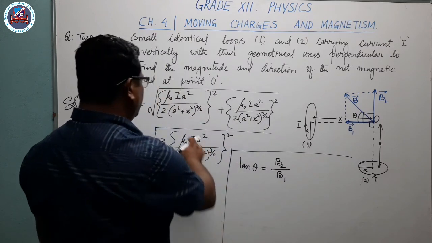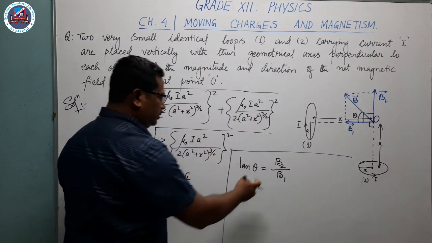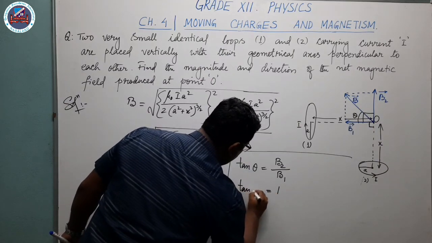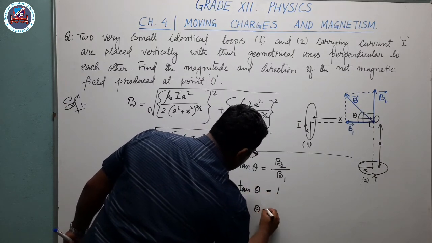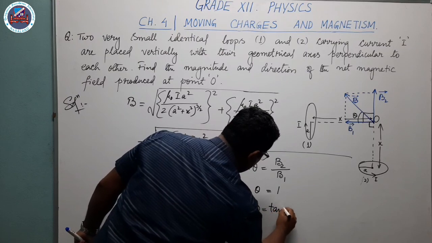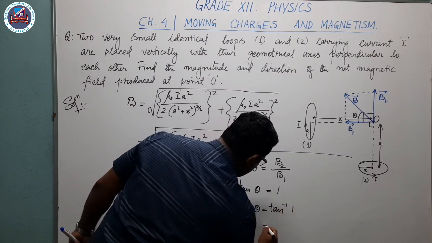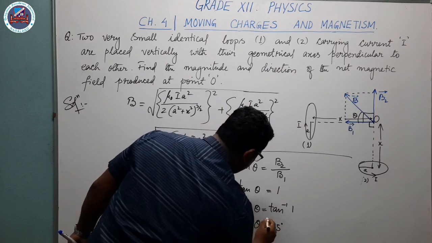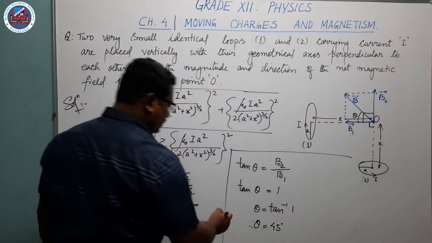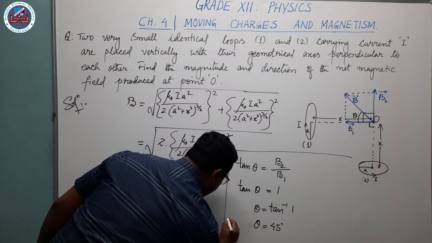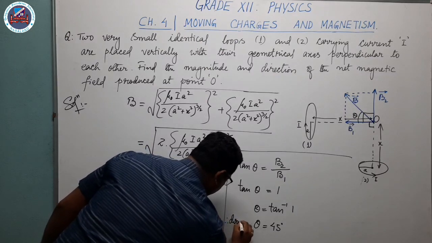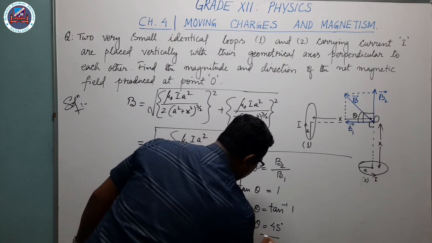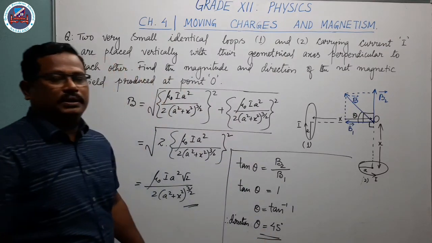B2 and B1, the magnitudes, you know that both are equal. So it will give us 1. So tan theta is equal to 1. Theta is equal to tan inverse of 1, which is 45 degrees. This will give you the direction. Therefore, direction theta is equal to 45 degrees.